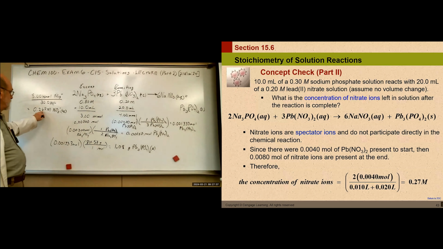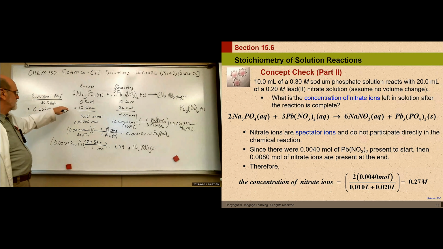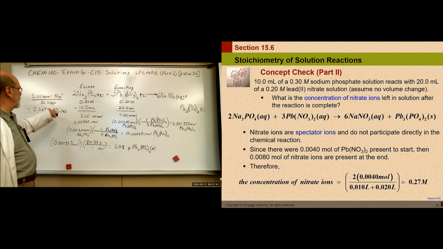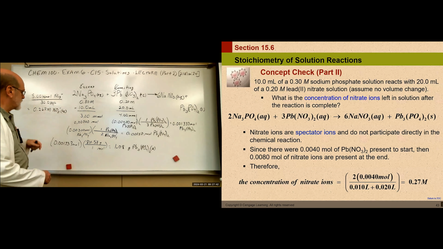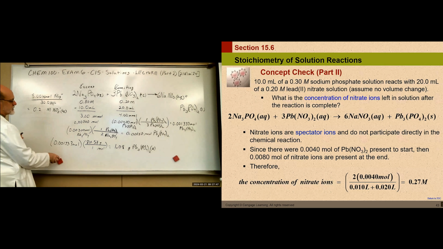Let's see, 1, 2. No, we have 2 significant figures. They are right. It should be 2. No, I'm right. 6, 7. No, that's correct. 0.267 molar in nitrate.